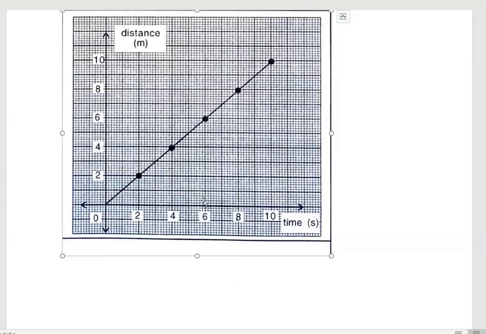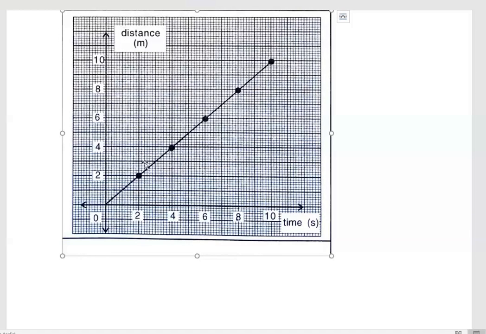And if you take this 6 seconds and go here on the y-axis, you can see the object is at 6 meter. So here we can say that at every 2 seconds the object is moving 2 meter. Look at this. This distance is 2 seconds and this distance is 2 meter. Again, from 2 to 4 it is 2 seconds, and again this distance is 2 meter.